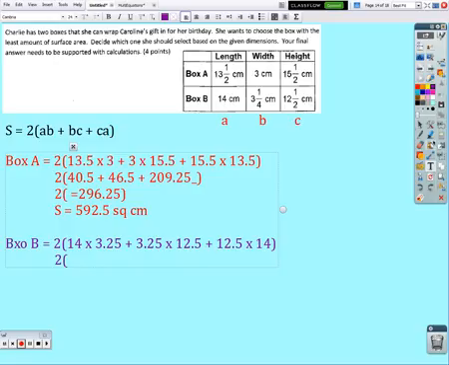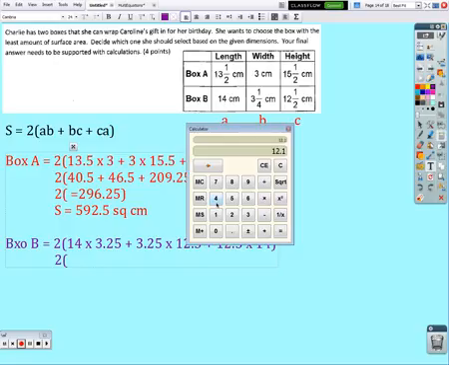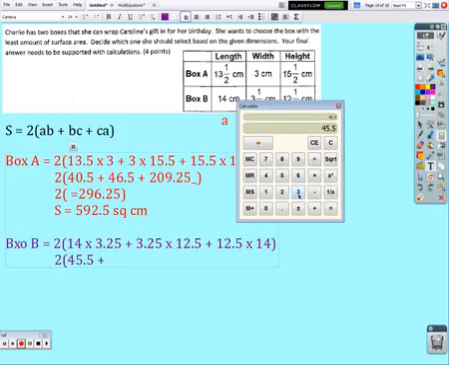Pull out this calculator real quick. We have 14 times 3 1/4 equals 45.5, plus 3 1/4 times 12.5.